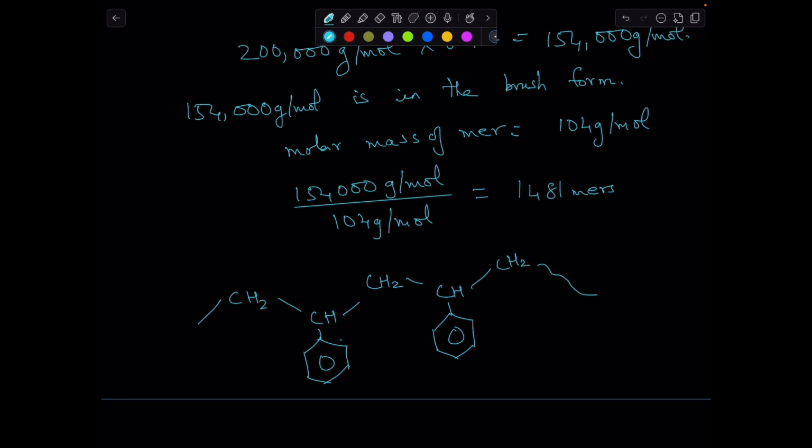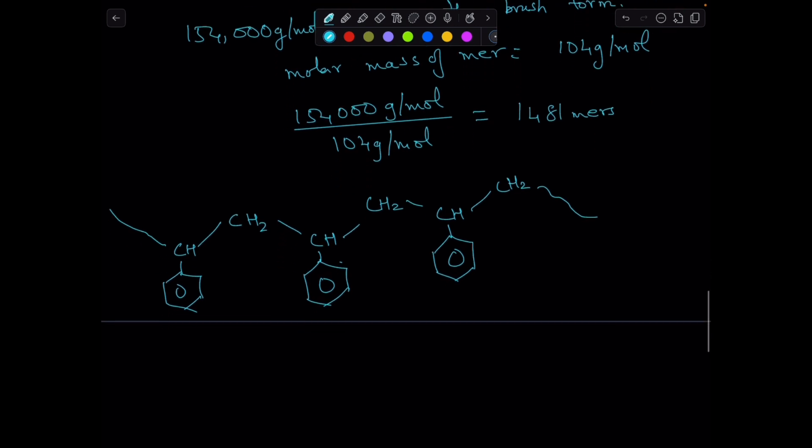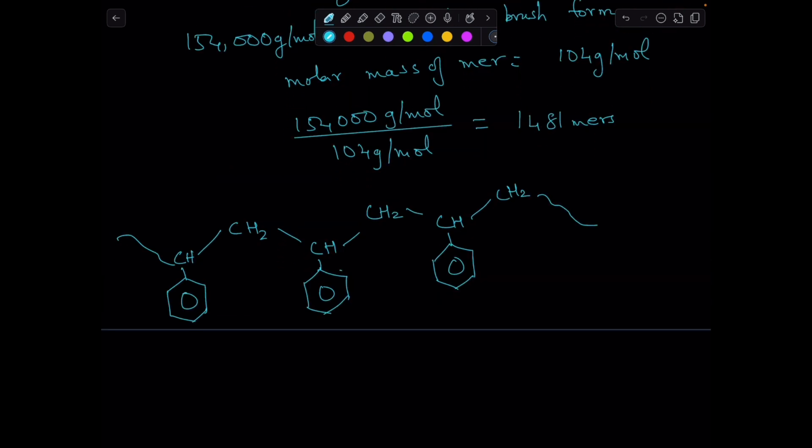Okay, so this is the structure of polystyrene. In this example, we have 3 mers, and we see that for 3 mers, there are 1, 2, 3, 4, 5, 6 carbon atoms, and there are 1, 2, 3, 4, 5 bonds.